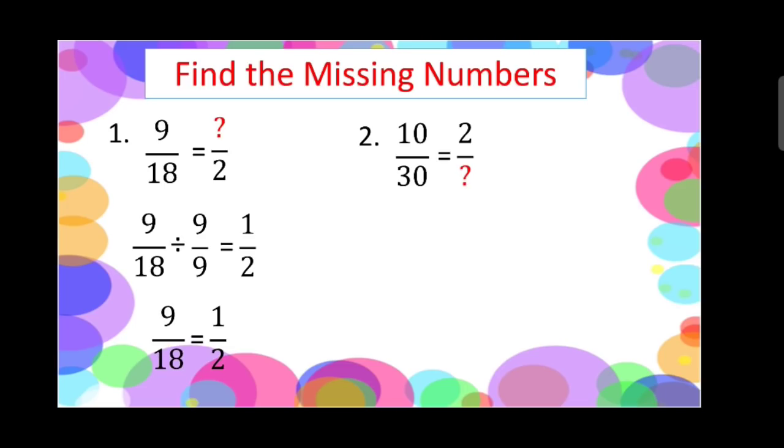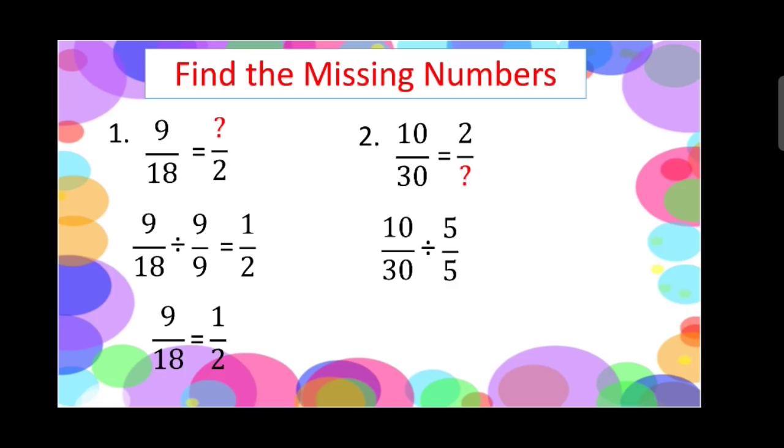Another one. So, we have 10 over 30 is equal to 2 over blank. Nawawala naman dito yung denominator. So, saan kaya dinivide yung 10 para maging 2? Very good, sa 5. So, magdi-divide din tayo ng 5 sa denominator.